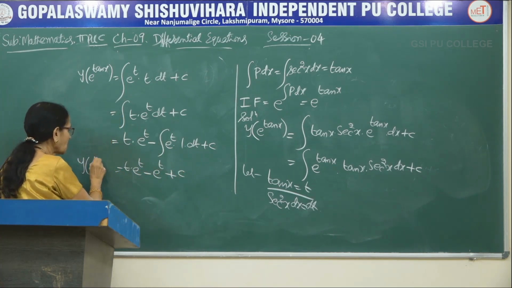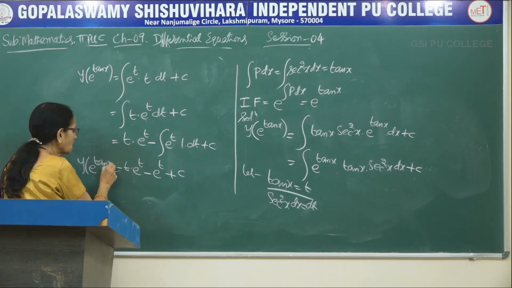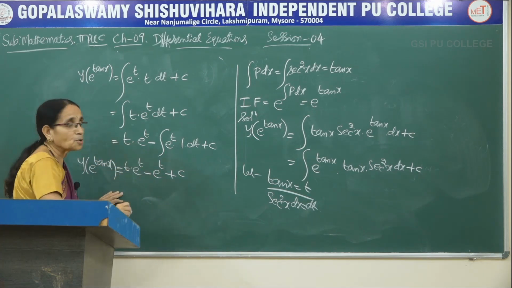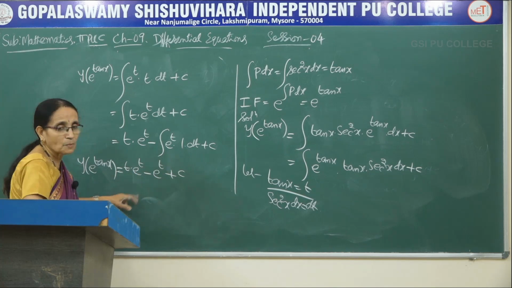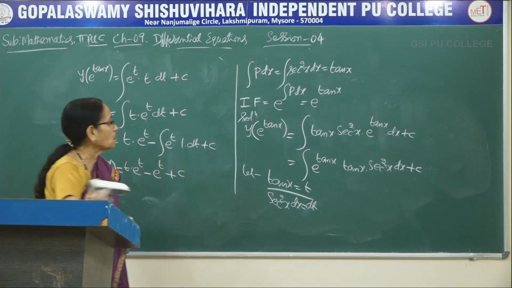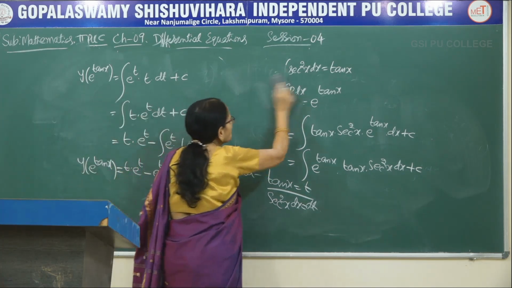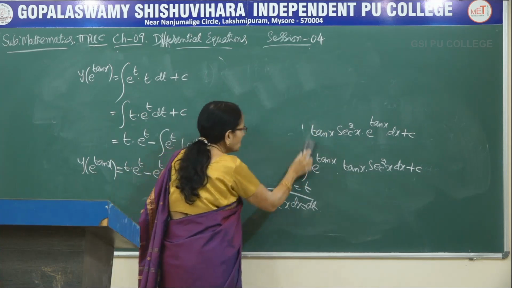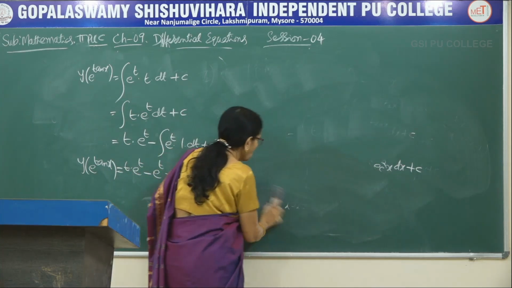Of course, on the left hand side I am writing the variable x only. Now, you can take out e power t as a common factor also, so that the function can be written in a simple form.